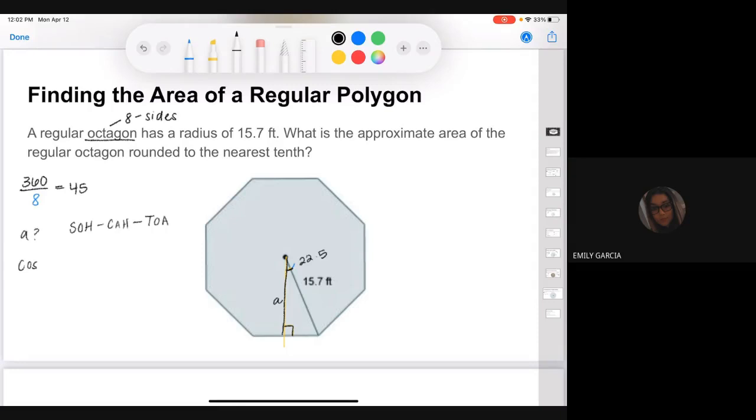Because I want to identify what my A is. And my A, I have what is adjacent to it, and I have my hypotenuse. Okay. So, I'm looking for my A.